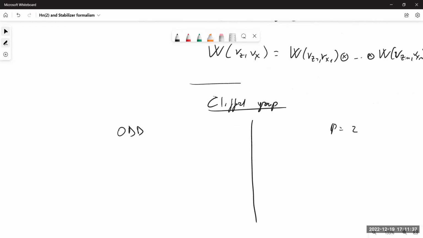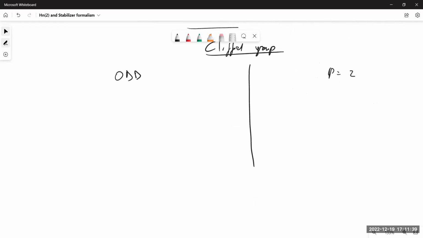Because now it's kind of the same, but we have to address the different structure of the center fixing automorphism group. In the odd case, we basically have this mu that I introduced before.